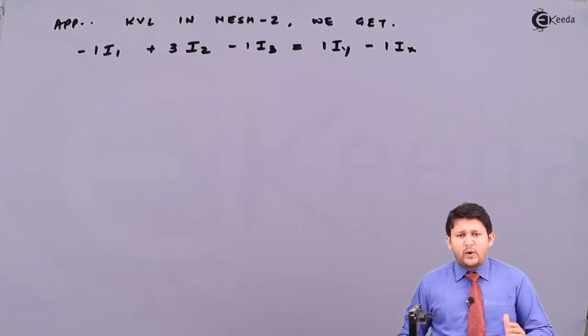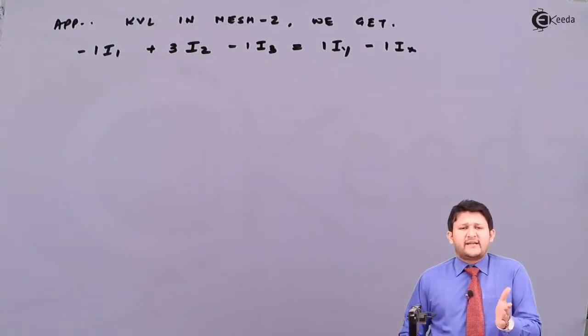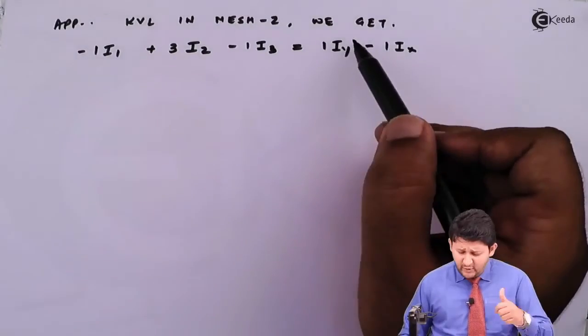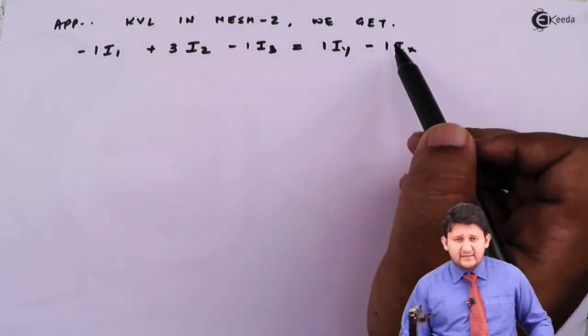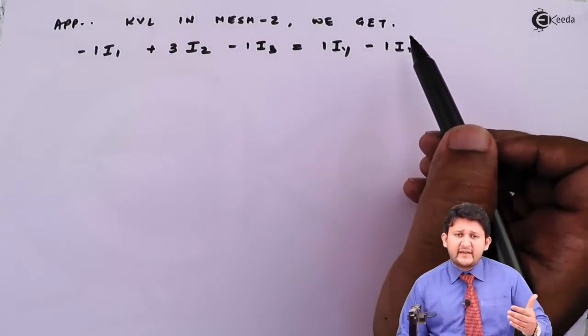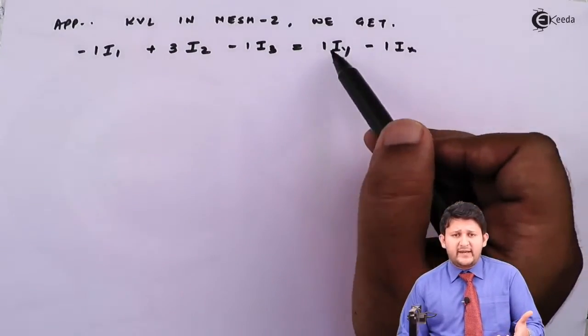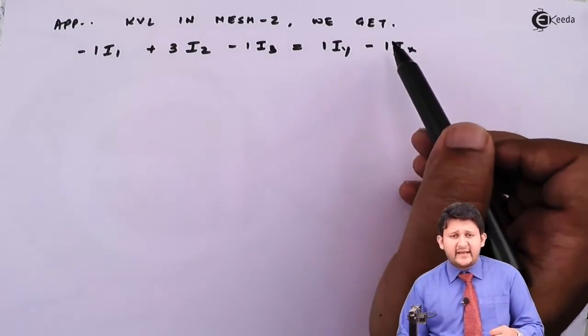Let's convert this equation in terms of the number of unknowns, that means I1, I2 and I3. I need to convert Iy and Ix, for which the relation in terms of I1, I2 and I3 is already found.